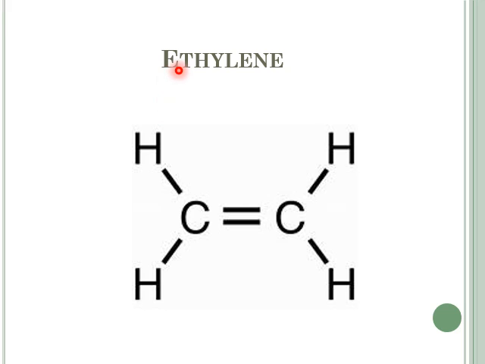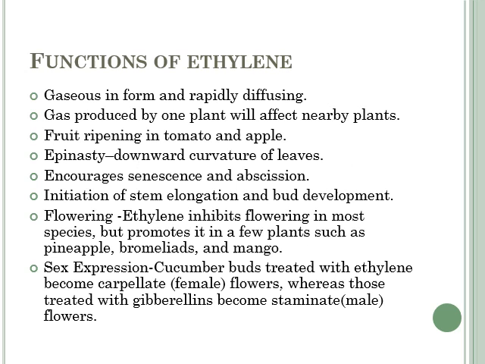The last one is ethylene, the gaseous hormone, and this is the general formula. Gaseous in form and rapidly diffusing. Gas produced by one plant will affect the nearby plants. Fruit ripening in tomato and apple.